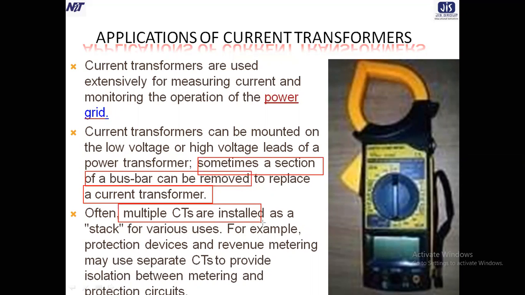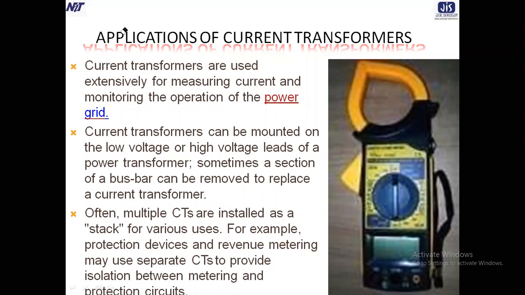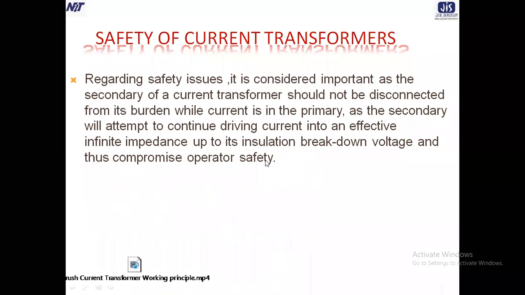For example, protection devices and revenue metering may use separate CTs to provide isolation between metering and protection circuits. Okay, so these are the applications of current transformers.